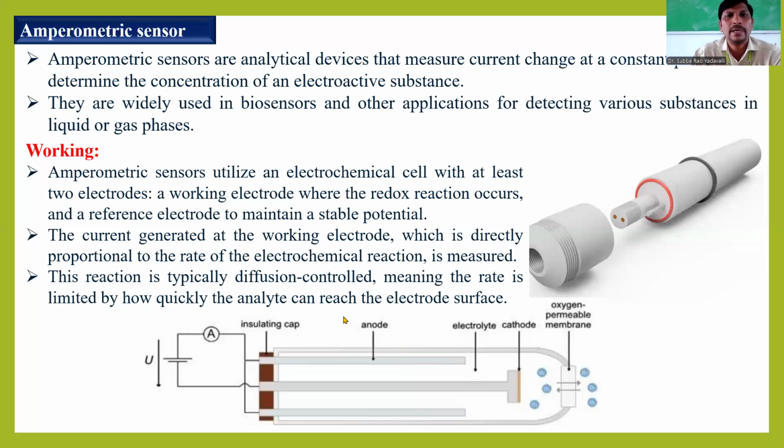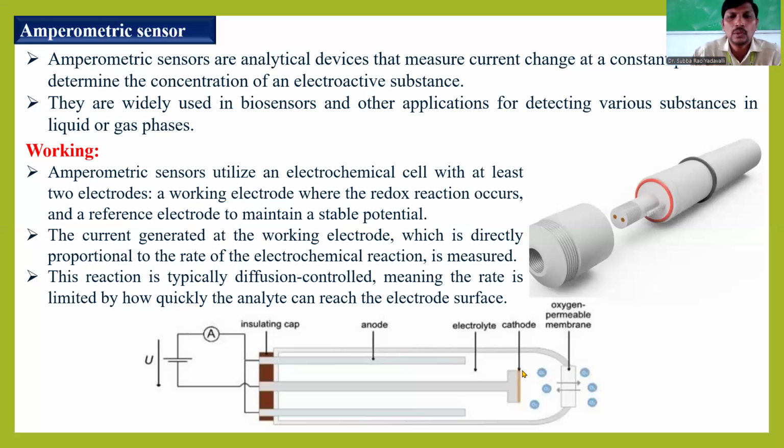These also depend upon the nature of gas and the contents used in the manufacturing of the electrode. So here this oxygen permeable membrane allows only oxygen. It will restrict the other gases like nitrogen oxide and carbon dioxide. And this one is the cathode here.